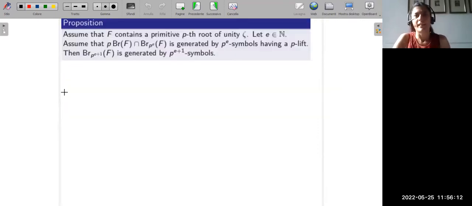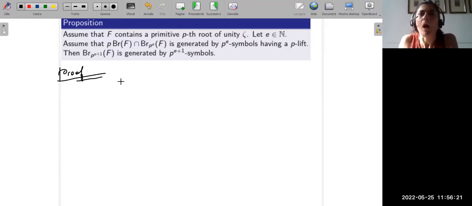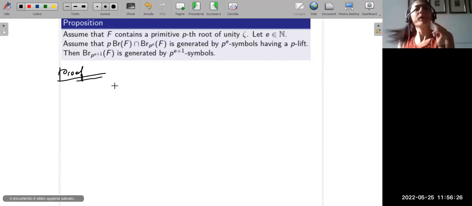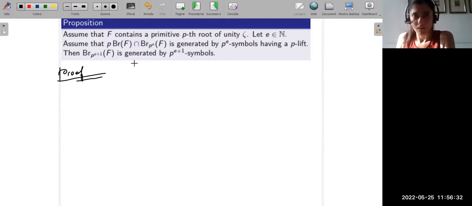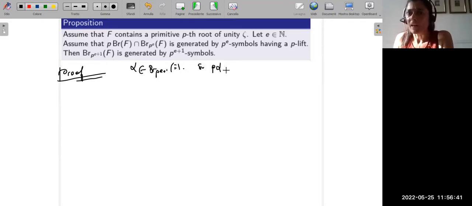Let's see this. I want to show that the p to the power e plus 1 torsion part is generated by p to the power e plus 1 symbols. So let's take a class alpha in the p to the power e plus 1 torsion of Brauer F. Then p times alpha is in this intersection, the p to the power e torsion of Brauer F, right?